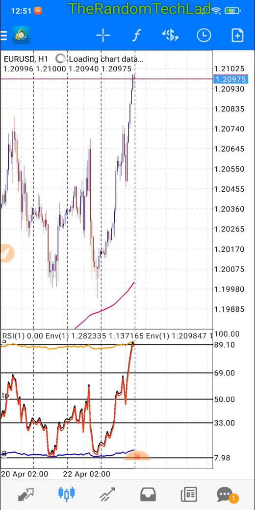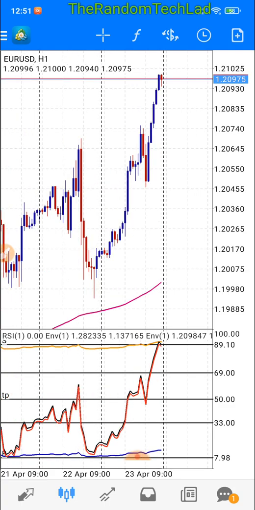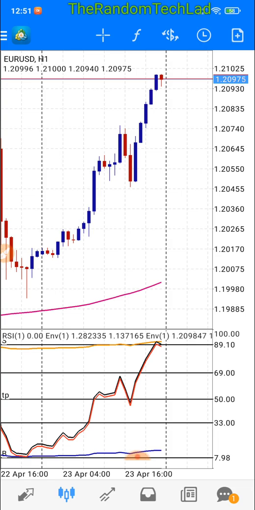Let's go on Euro USD, and you can see on the 1 hour chart it shows that it's overbought, and we are only going to take a sell when the black touches the orange at a level of 89.1 for sales, and it has touched, so that means we are going to be looking for sales now.